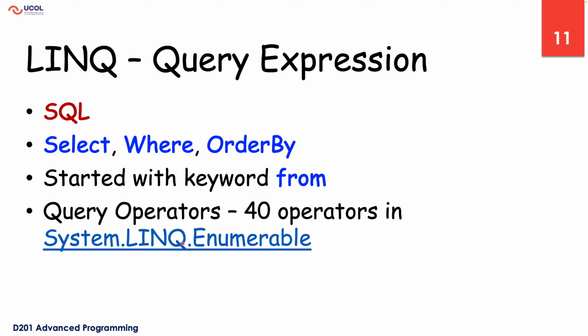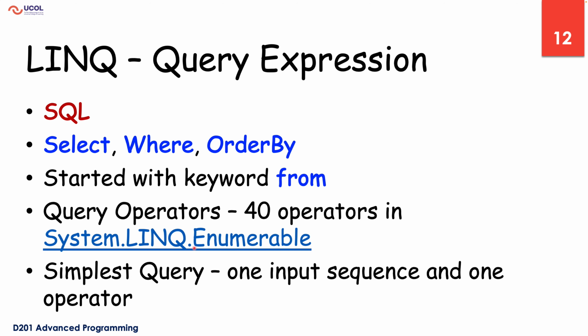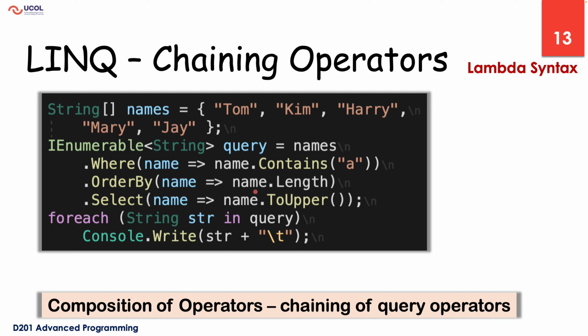If you go to the LINQ documentation, you will find more details about it. Some of them we will cover here, but of course we can't cover everything. So the simplest query has one input sequence and one operator. This is in the lambda expression, a composite operator chaining queries together.